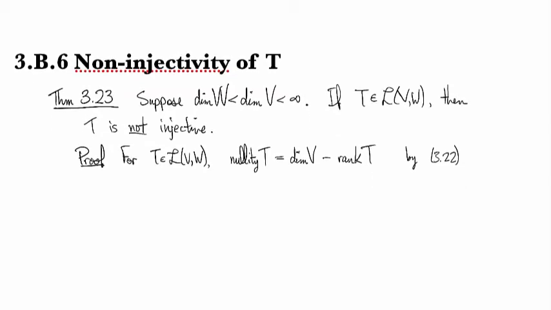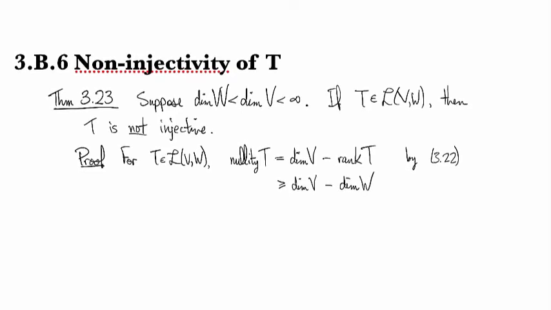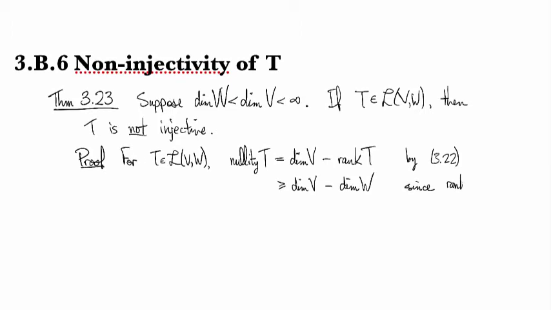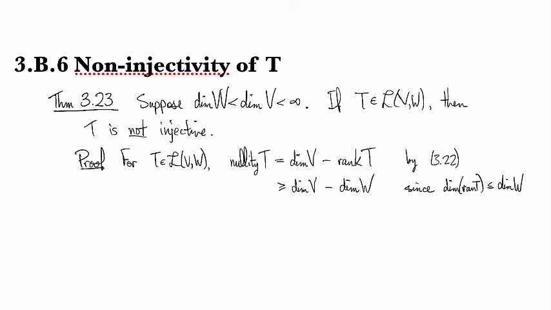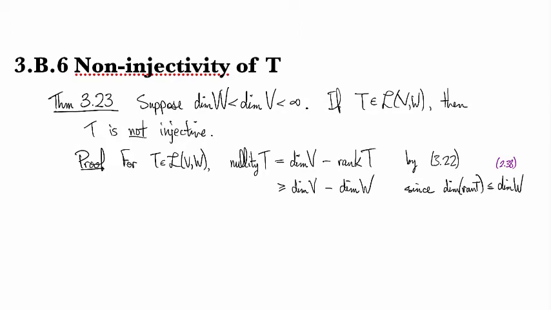And then that's going to be greater than or equal to the dimension of V minus the dimension of W. And this follows because the dimension of the range of T is less than or equal to the dimension of all of W, because the range of T is contained in W. I'm using proposition 238 for that inequality.